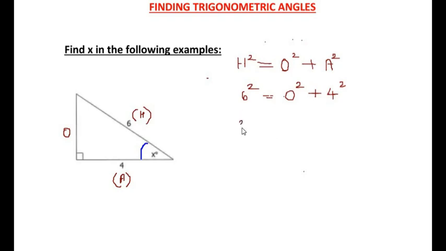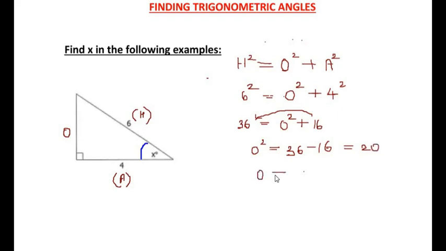Now 6 squared is 36, equal to opposite squared plus 4 squared, which is 16. So we take 16 to the other side, it becomes opposite squared is equal to 36 minus 16, which gives you 20. So opposite is equal to square root of 20.